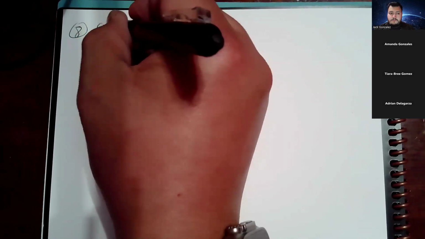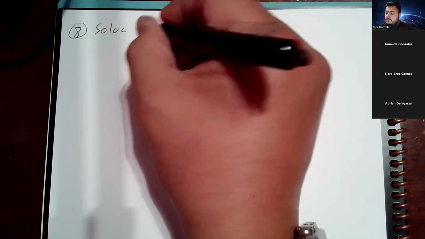Number 8. Solve by completing the square.